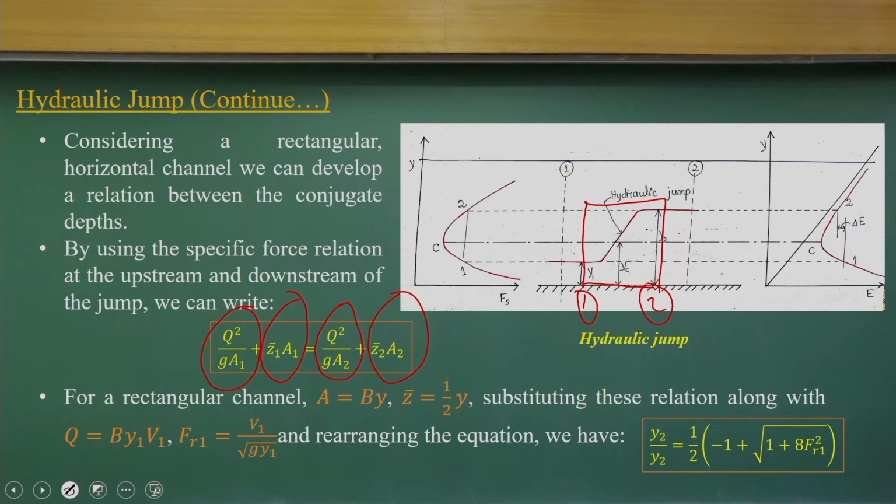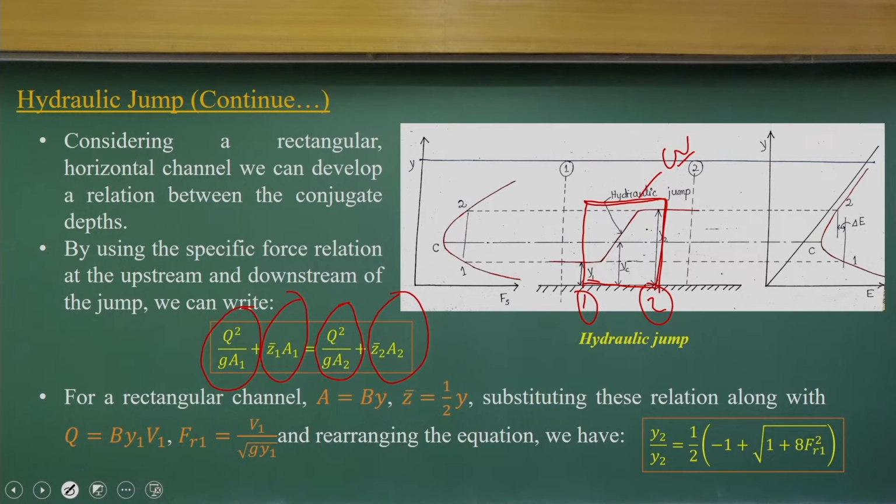That relationship is nothing else but the linear momentum equation when applied for this control volume. The force component per unit weight, if I define it, is called the specific force.